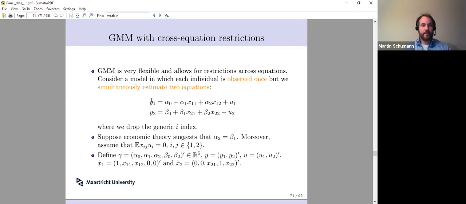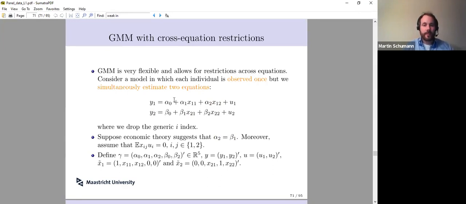So these are two response variables, and the individual is the same. This is why we drop the i index here. And now you have some sort of theory that suggests that the effect of x12 on y1 is the same as the effect of x21 on y2. So this is what you mean with this condition here.